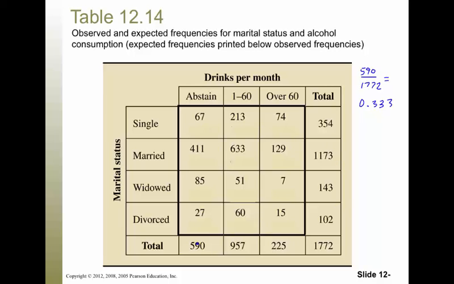So we found that 33% of all people abstain. And so if it doesn't matter what their marital status is, and we have 1,173 married people, how many would you expect to abstain? Or how would you get it? Again, 33% of that, and then you take 33% of 143, that's what we would expect for widowed. And then 33% of 102, and that's what we expect for divorced. Okay?